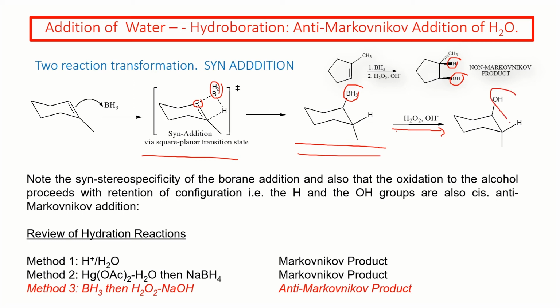Here's the syn addition. So both the OH and H of the added water are on the same face of the molecule. We say that it's anti-Markovnikov because the OH is on the least substituted carbon.